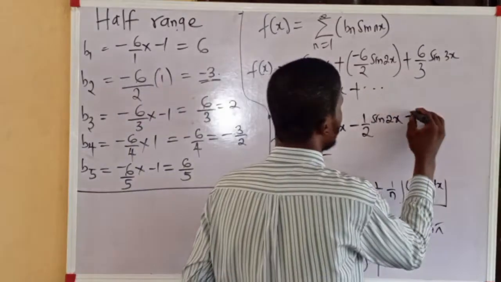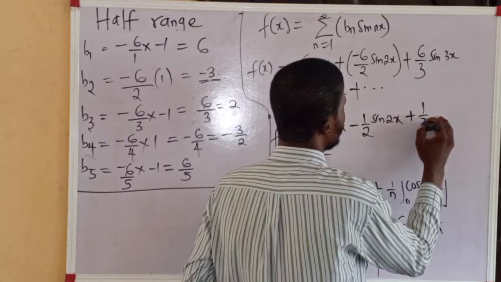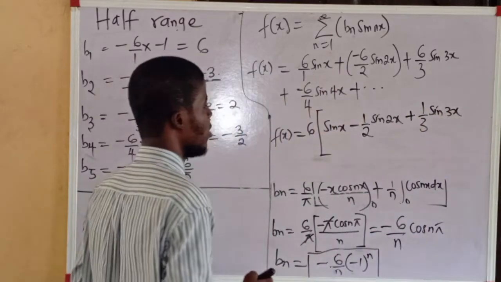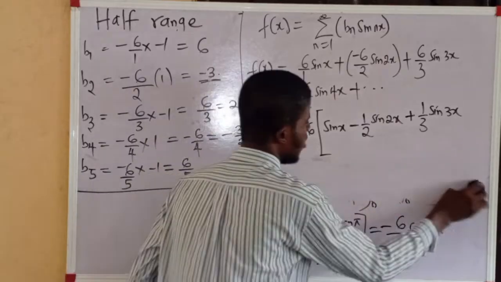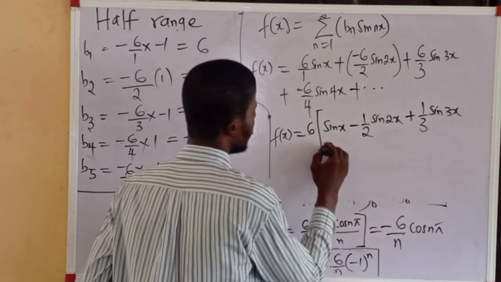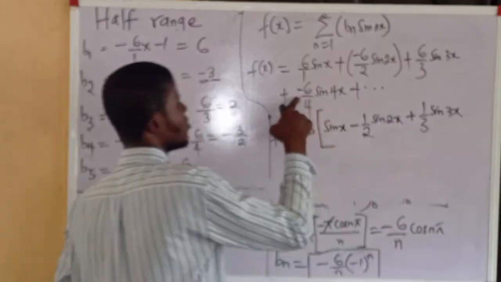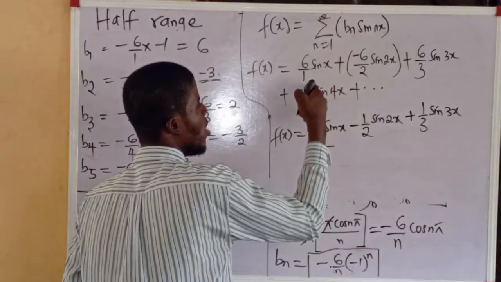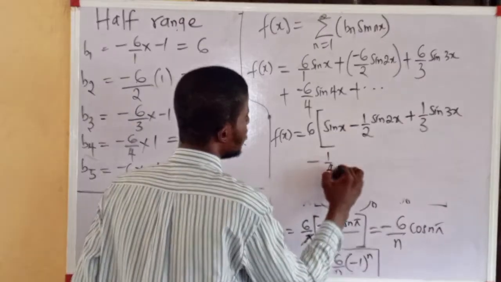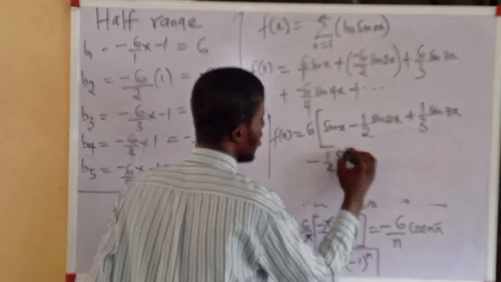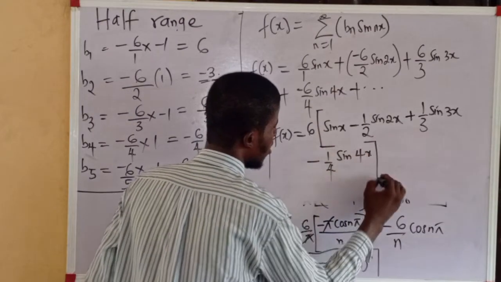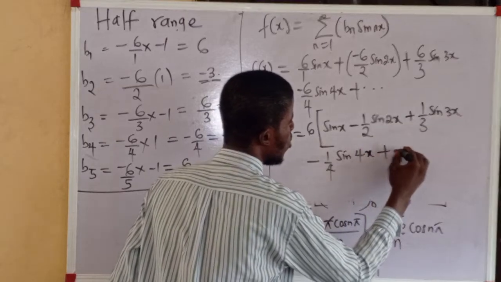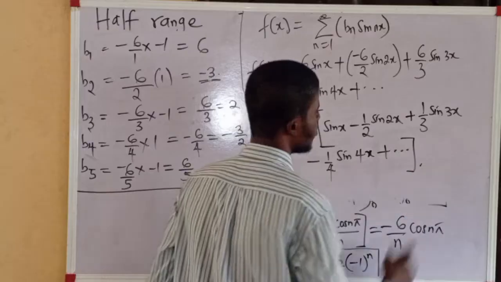Then plus, we have just 1 over 3 sine 3x left. Then what's left next? Minus 1 over 4 sine 4x, and so on and so forth.